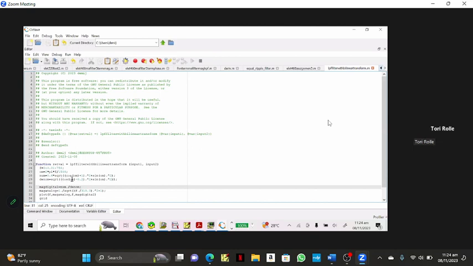So this bracket goes with that bracket. This bracket goes with the end. Yeah, let's move that last bracket and try it again. See what happens.